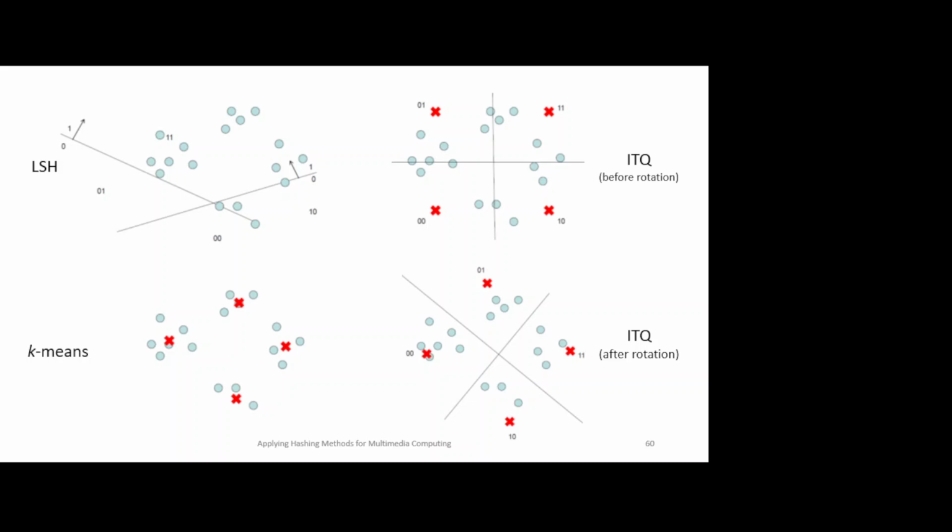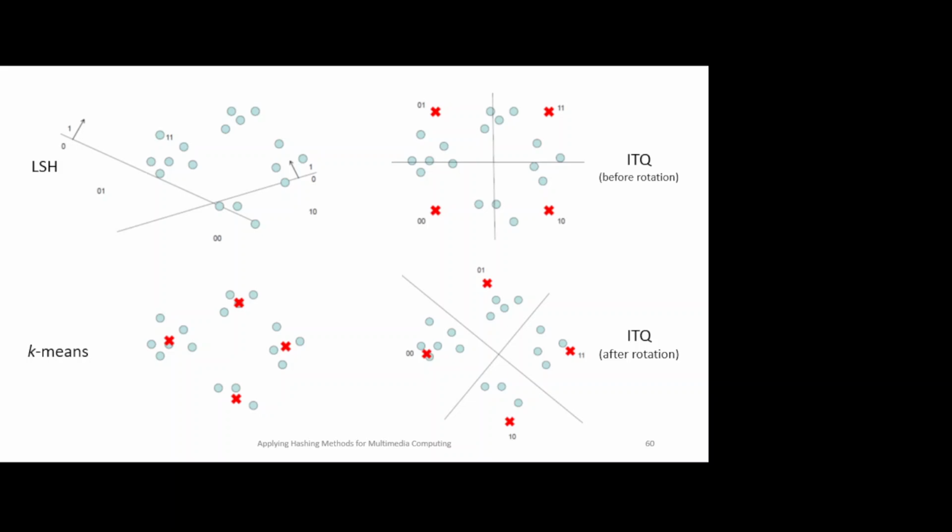Okay, these figures show you four different ways to do the quantization. First is LSH. You see the data point distribution like this. All these subfigures have the same data distribution. For LSH here, we generate two random vectors, the first one and the second one.